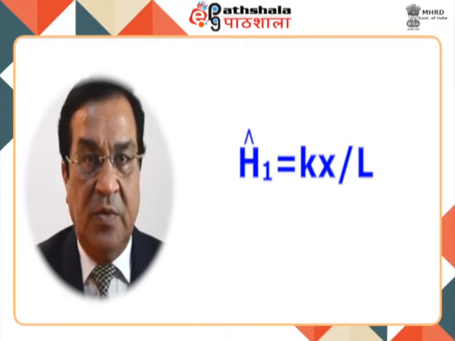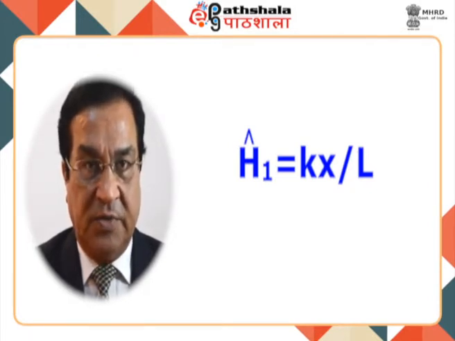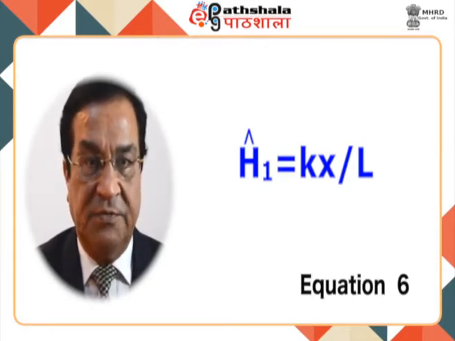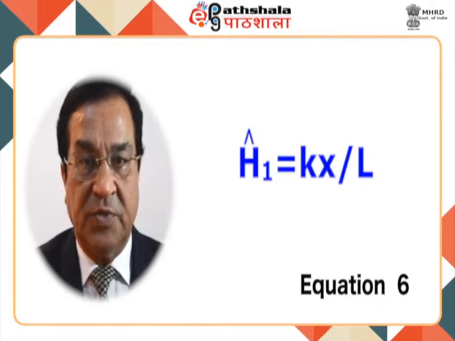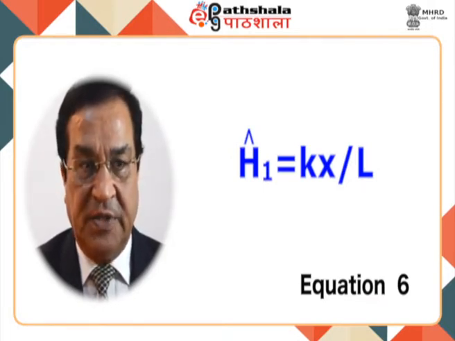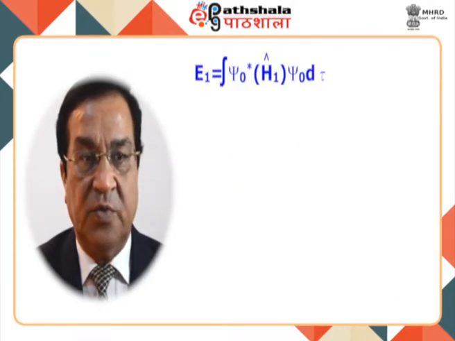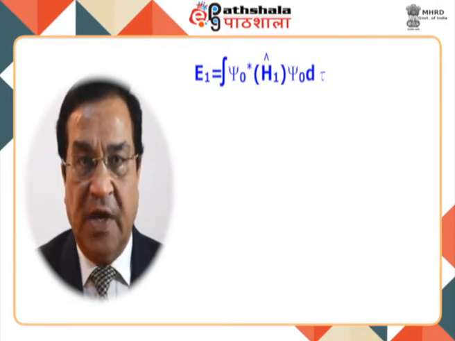Now, once we know the perturbed Hamiltonian, this first order correction to the Hamiltonian, using equation 6, which we have already seen, which gives us the first order correction to the energy due to perturbation, one can find that E1 is equal to the integral of psi 0 star H1 cap psi 0 d tau.